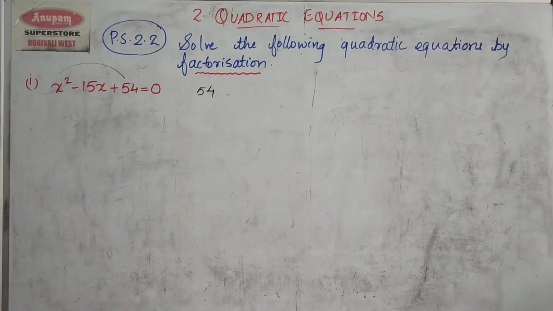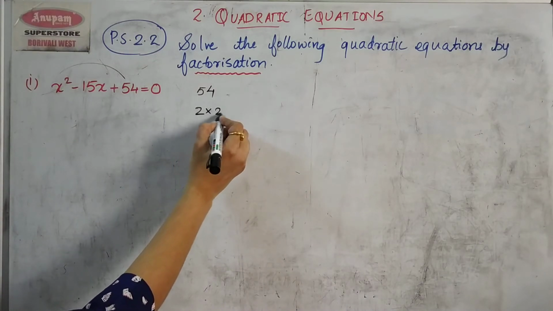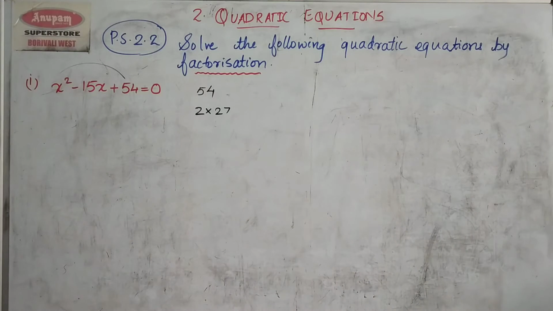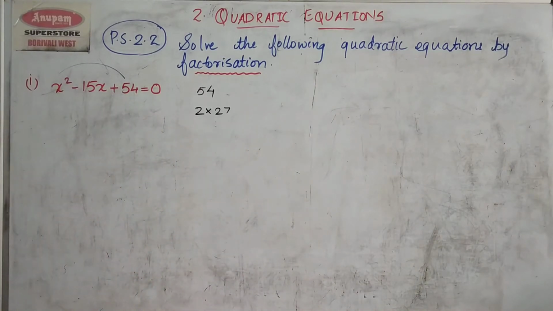So now how am I going to do this? The very simple way to do is start with the table of 2. This will come in 2's table. So 2 into 27 will give me 54. Yes, but 2 into 27, if I find out, 27 minus 2 will not give me 15.